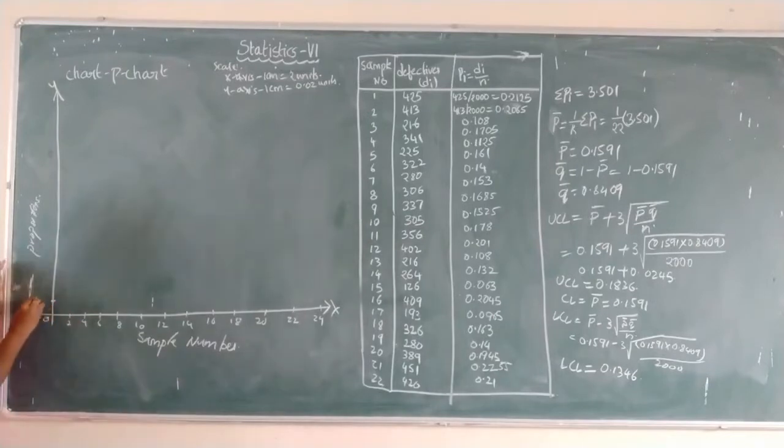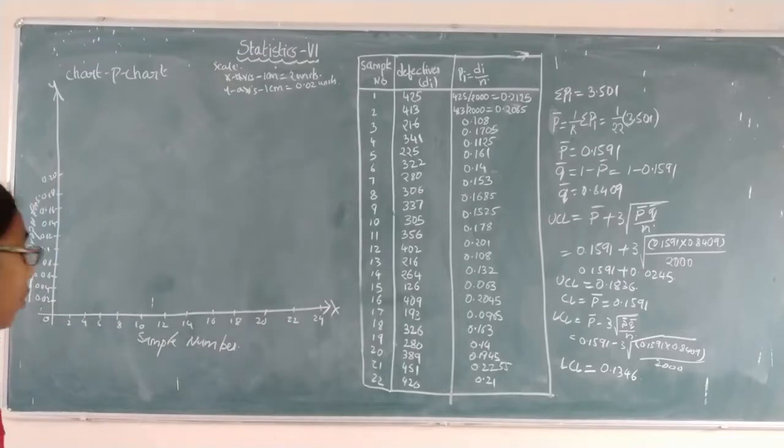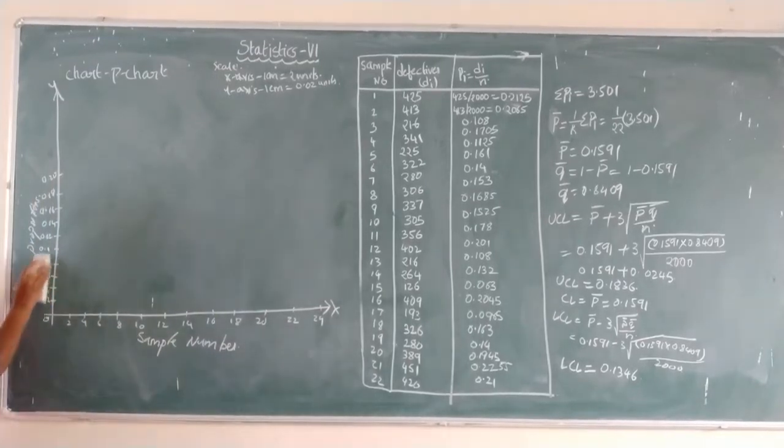So start with 0.02, next 0.04, 0.06, 0.08, next 0.1, next 0.12, 0.14, 0.16, 0.18, 0.20. You can draw this axis a little bit bigger, I think it's congested.